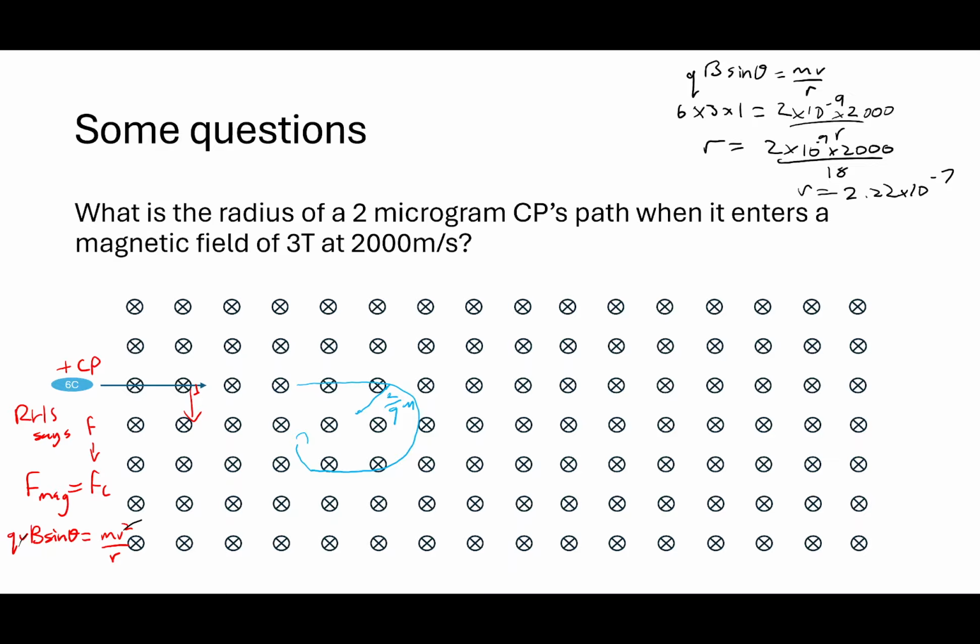So micro isn't 10 to the negative 6, it's 10 to the negative 9. And the radius is 2.22 times 10 to the negative 7 meters. Does anyone have any questions with that?